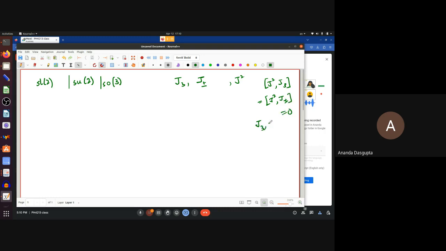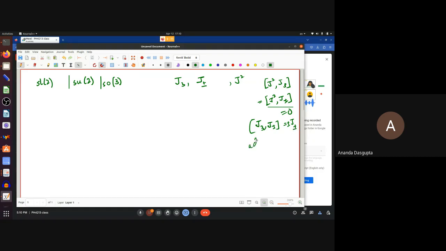And J3 has this commutation. This shows that, first of all, because J square commutes with J3, you can have simultaneous eigenstates of J square and J3. And these two statements, that J square commutes with J plus minus, and J3's commutator with J plus minus is plus minus J plus minus.